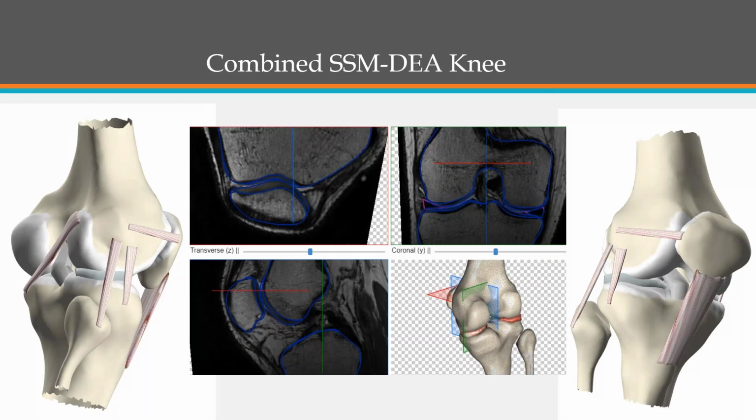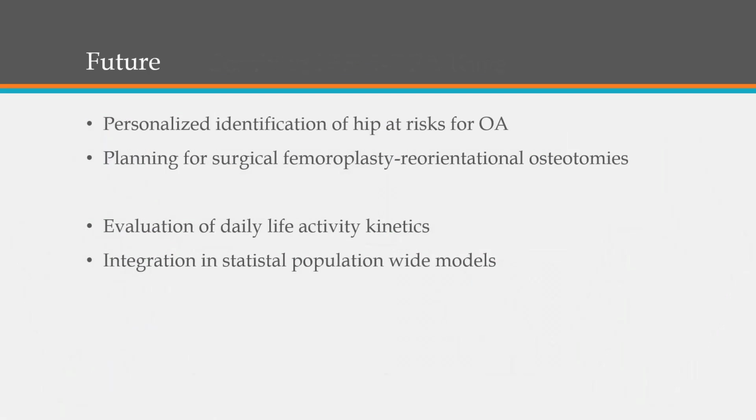We're also looking at the knee joint, but this is at a little bit more of an early stage than the ankle joint. Once again, a combination of cartilage as well as the ligaments around the knee in order to optimize our DEA results and get a more physiological understanding of the stresses inside of the joint.